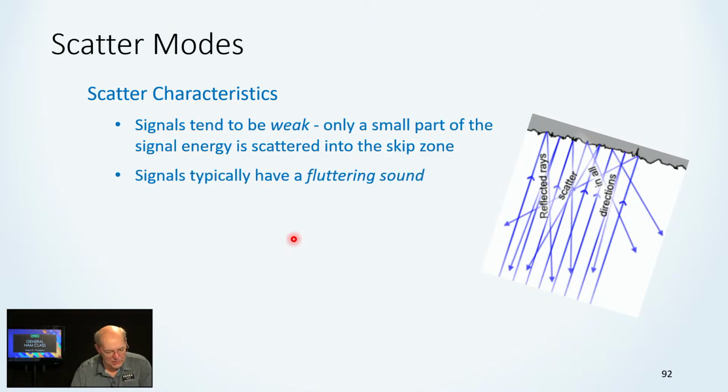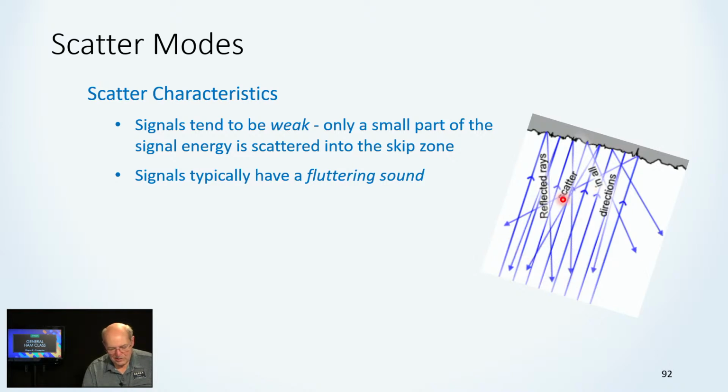All right, here's another characteristic. Remember when I said when you get a whole bunch of things together, it's usually all of the above? Well, this one isn't. These are actually all separate pool questions. So here's the second characteristic of scatter. Signals typically have a fluttering sound, and that's because of basically a multipath effect.